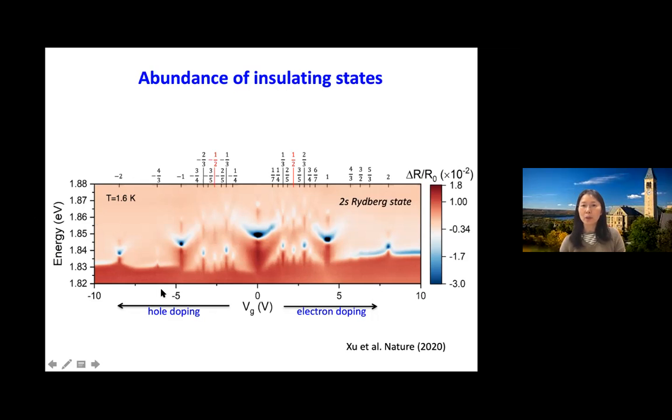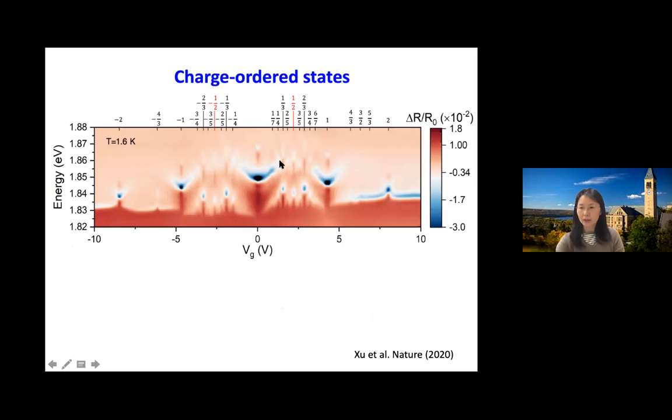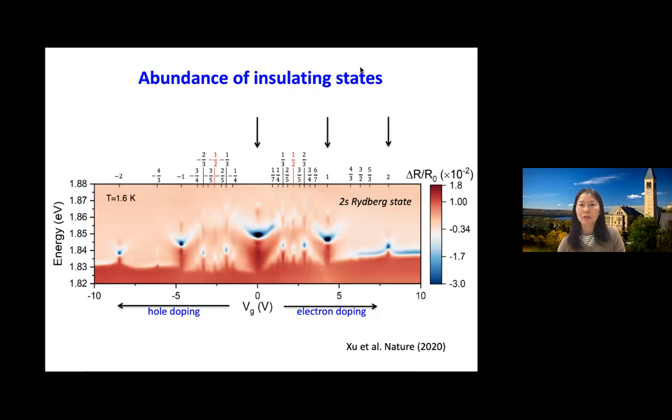So the impression is that you see many peaks here. Let's just take a look at the most prominent ones: at doping 0, at filling factor 1 and filling factor 2, we see prominent peaks. This one corresponds to the band gap of the superlattice. That's the largest gap in the system.